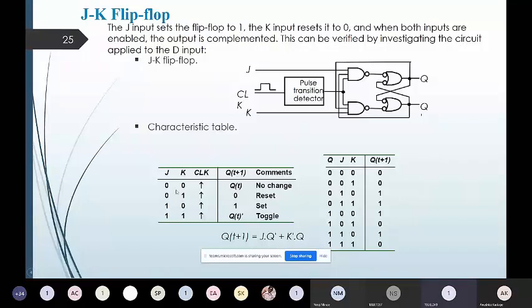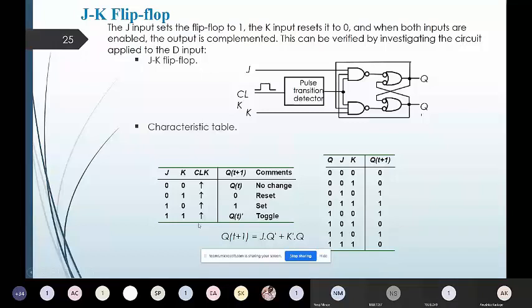Here the characteristic table has been presented. As mentioned in the characteristic table, we are going to state the value of the next state based on the present input conditions and the control signal. Here we are operating with a positive edge triggered control signal.